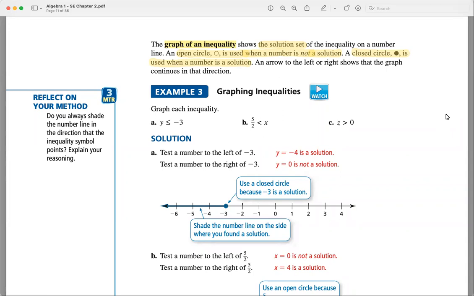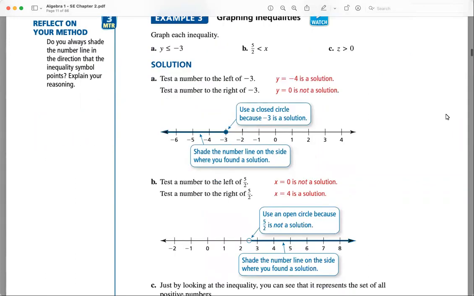Now, before we continue looking at the examples done by the book, I want to write some things here where it says reflect on your method. Do you always shade the number line in the direction that the inequality symbol points? Explain your reasoning. When you were very little, they did all that alligator mouth and you just follow, but you did not end up with variables on the right-hand side. So what you must do is the following.